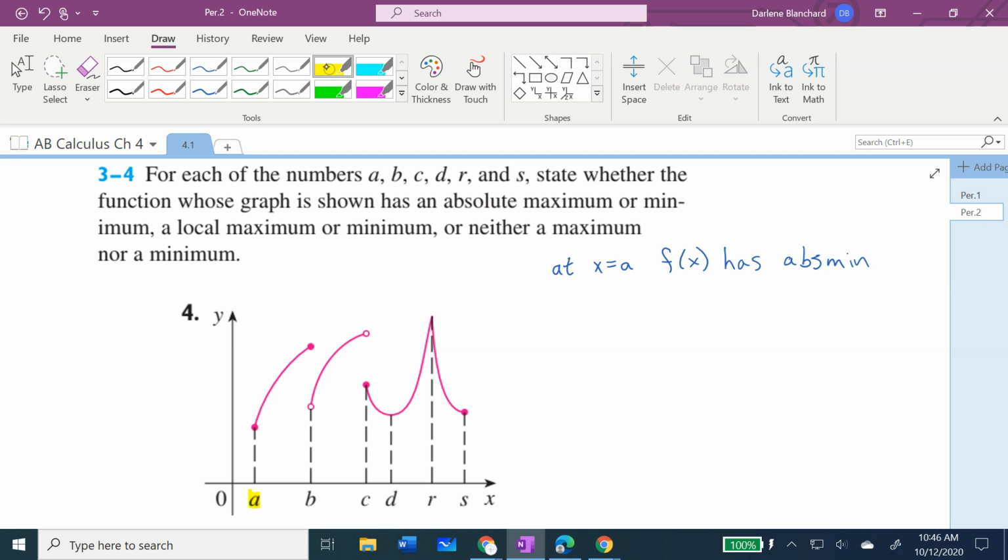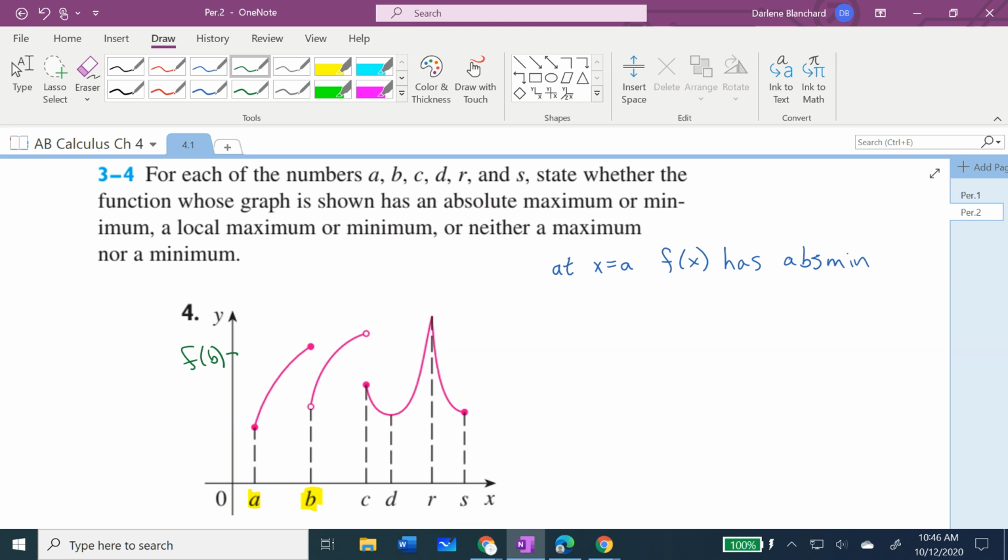All right, let's move on to B. Where is f of B? The actual point is right here. F of B is this y value. You have to know these definitions to be able to answer these questions correctly.